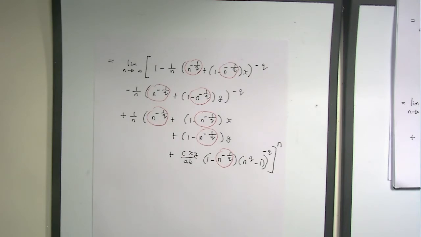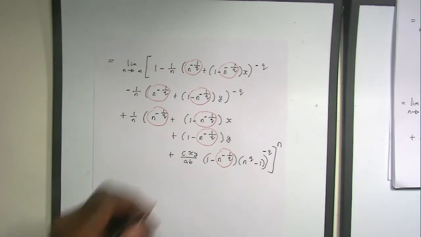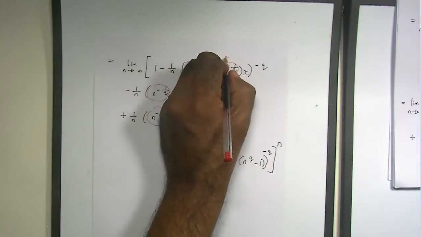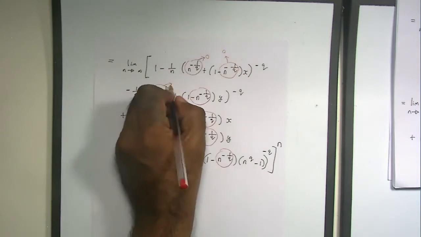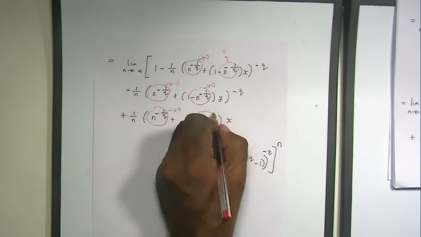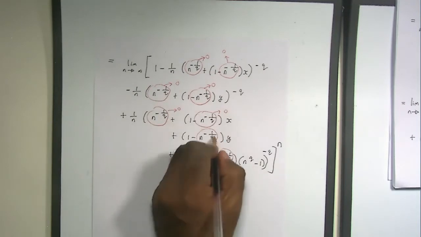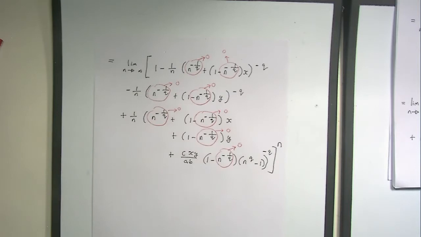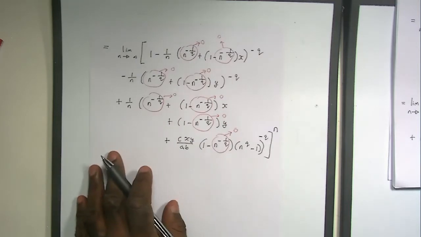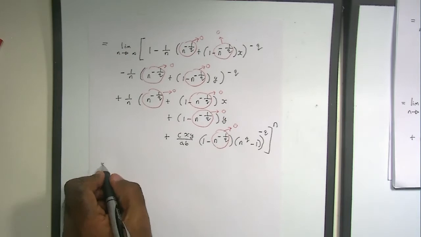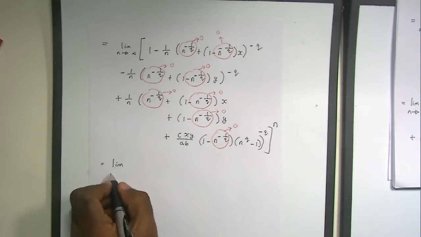Each of the terms that I have circled in red will go to 0. So what you have left is the following. You have simplified a lot.